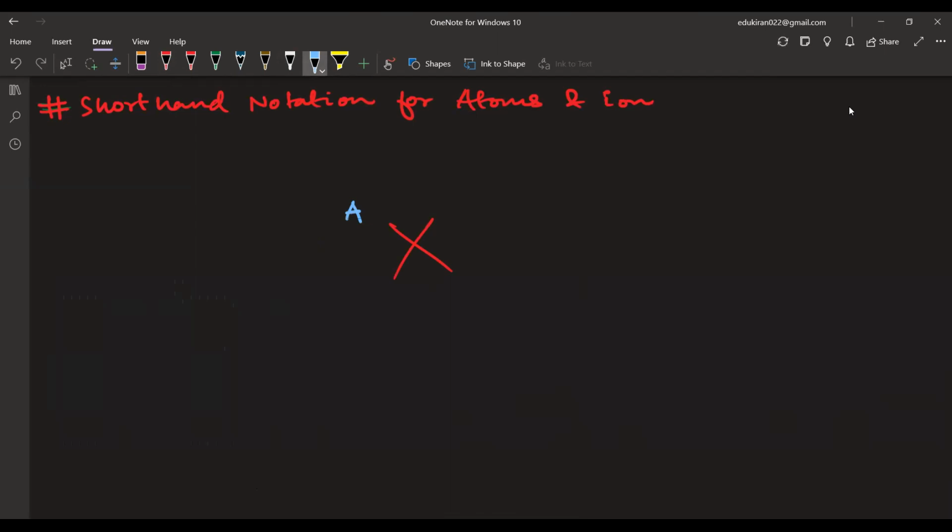A here will be there, and there is something which is known as Z, and you will write the charges here like this in a positive or negative, one negative, one positive, two positive, two negative, these type of things. This A is what? It is the mass number. It is known as mass number.